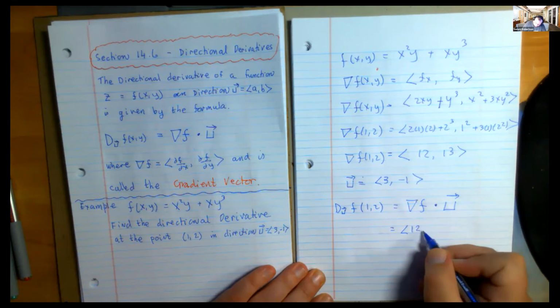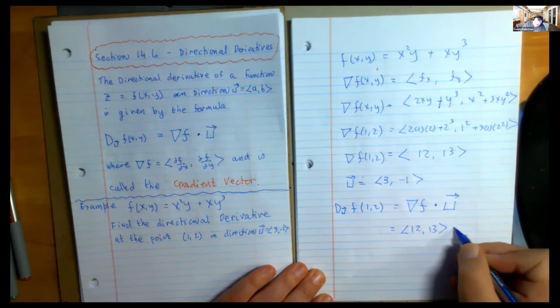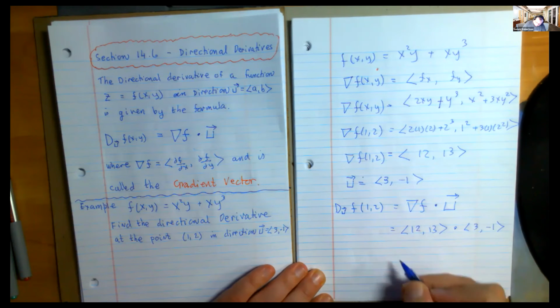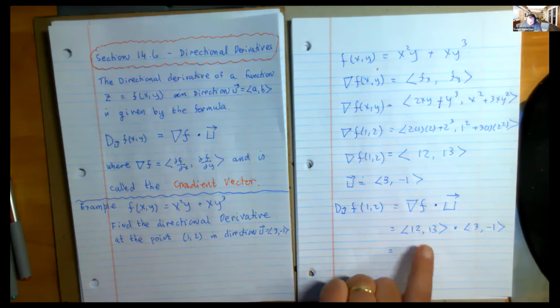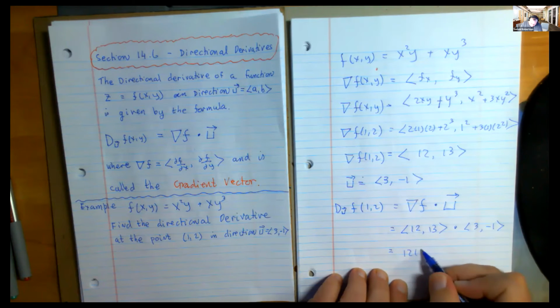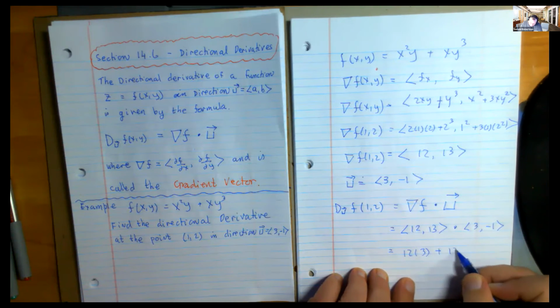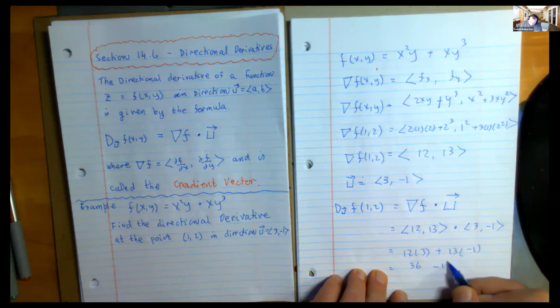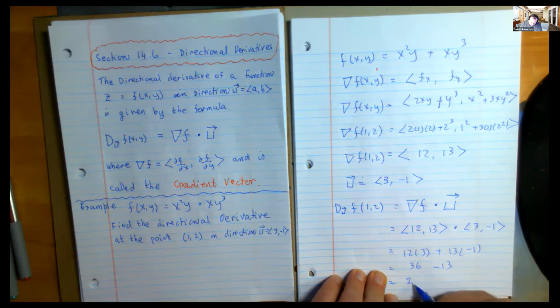And so it's going to be 12, 13 dot 3, -1. And that's going to get me 12 times 3, add 13 times -1. So what's that? 36 take away 13. The answer would be 23.